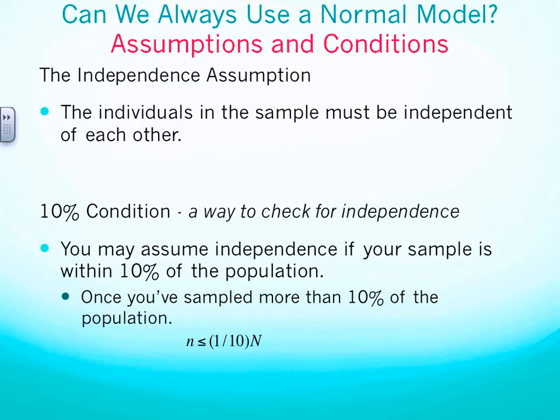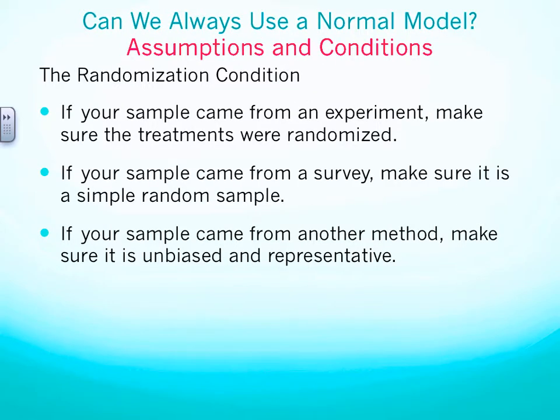So what we're looking to get to is the idea of, can we always use a normal model? It will be ideal for us to use a normal model for our approximations for our samples. We can use a normal model as long as a few assumptions and conditions are met. So we have to check three major ones. The first one that we'll check, it's quite often assumed, but we need to check it regardless, would be the randomization condition.